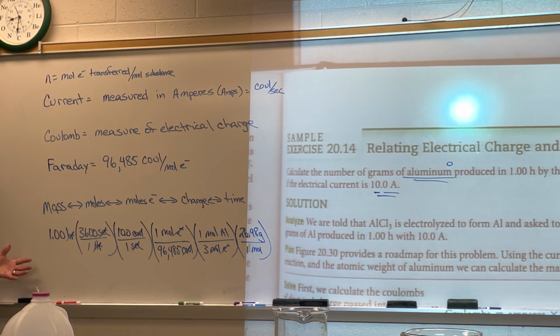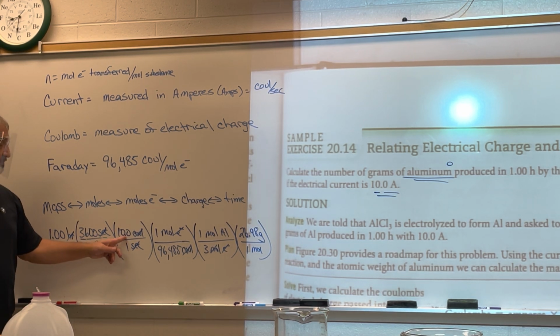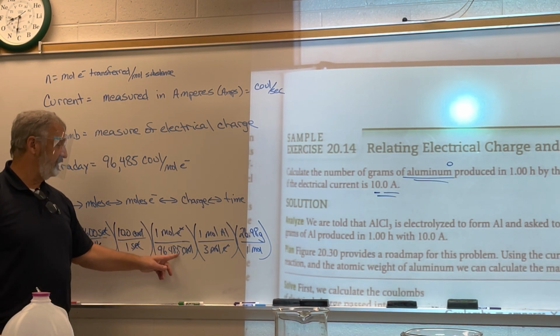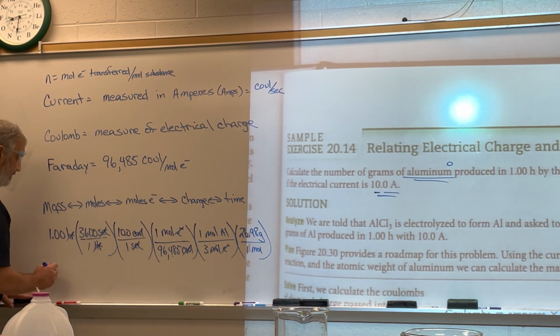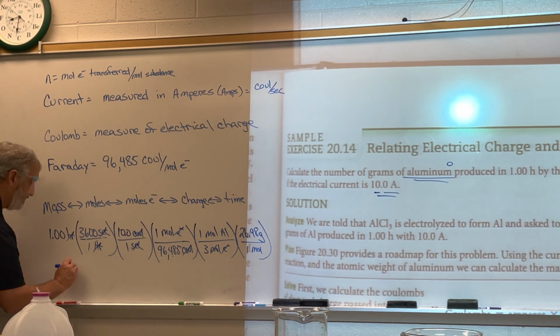It's all just conversion factors. So 36,000 divided by 96,485 divided by 3 times 26.98. This all equals 3.36.